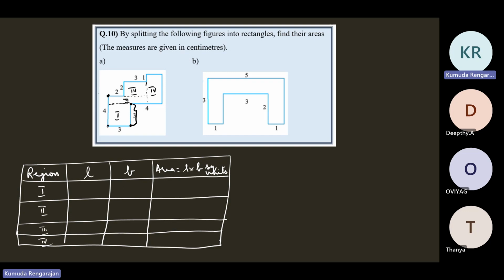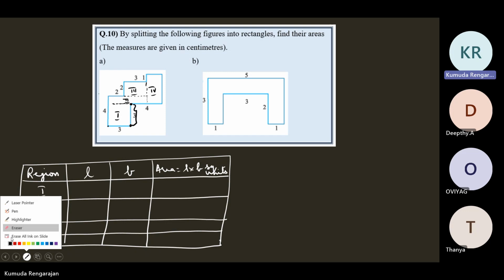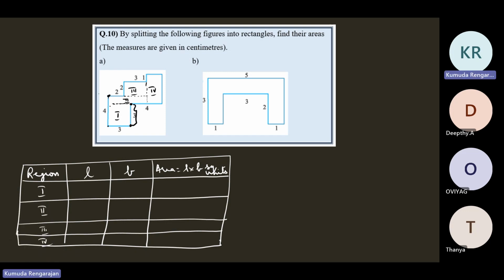We have put this line here, but just because we draw a line, this part cannot become 4. In the figure given originally, when this line was not there, this full thing is 4. Okay. So I hope it's somewhat okay now.